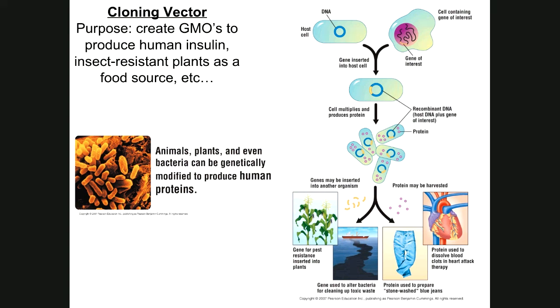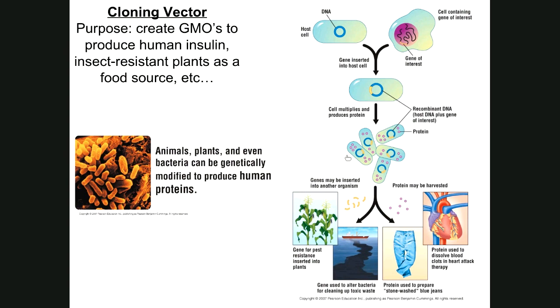Okay, so what's the purpose now? What we're going to go over is the purpose of these different techniques. Well, the purpose of cloning vectors today is to create GMOs that will produce human insulin, or to create plant GMOs that are resistant to insects, or so that they can serve as a better food source.